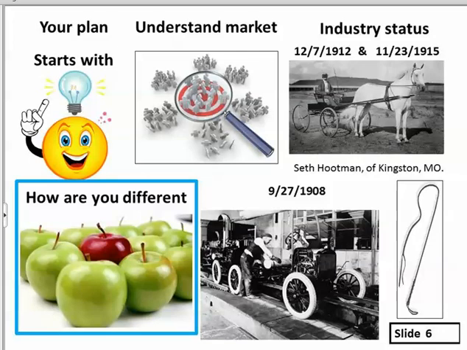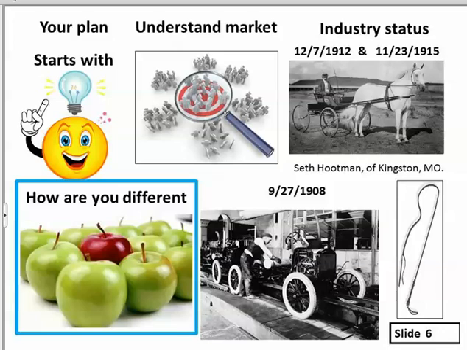And then we figured out, well, how do we go through this process? And obviously you have some idea of what your business is going to be. Otherwise, you wouldn't be in this class. So we need to understand that marketplace. We have to know who our likely customers are, and we'll talk more about that later. And then we need to know something about the industry.